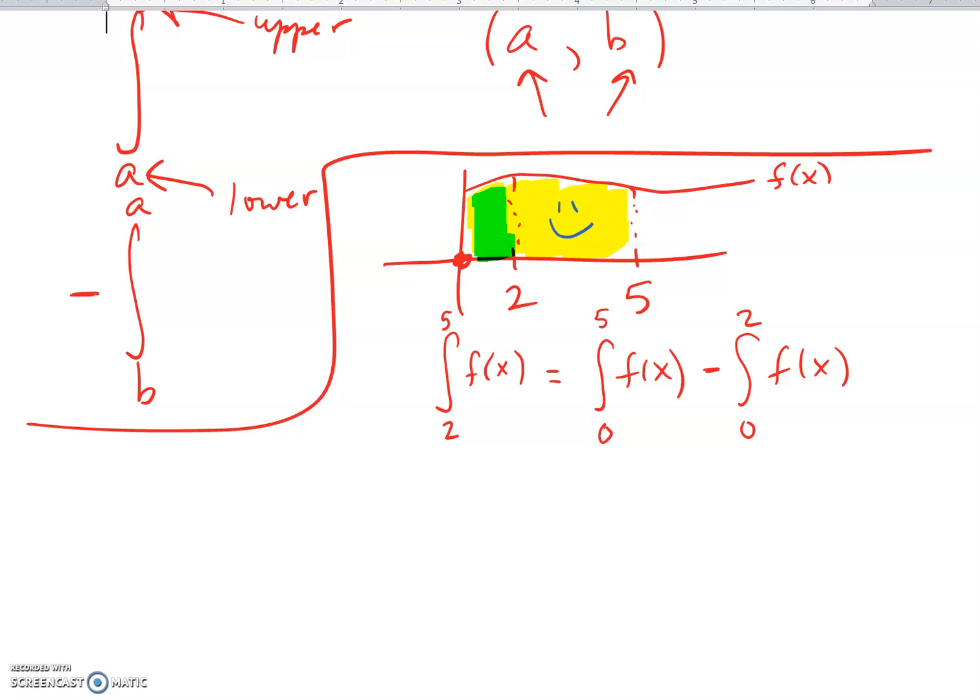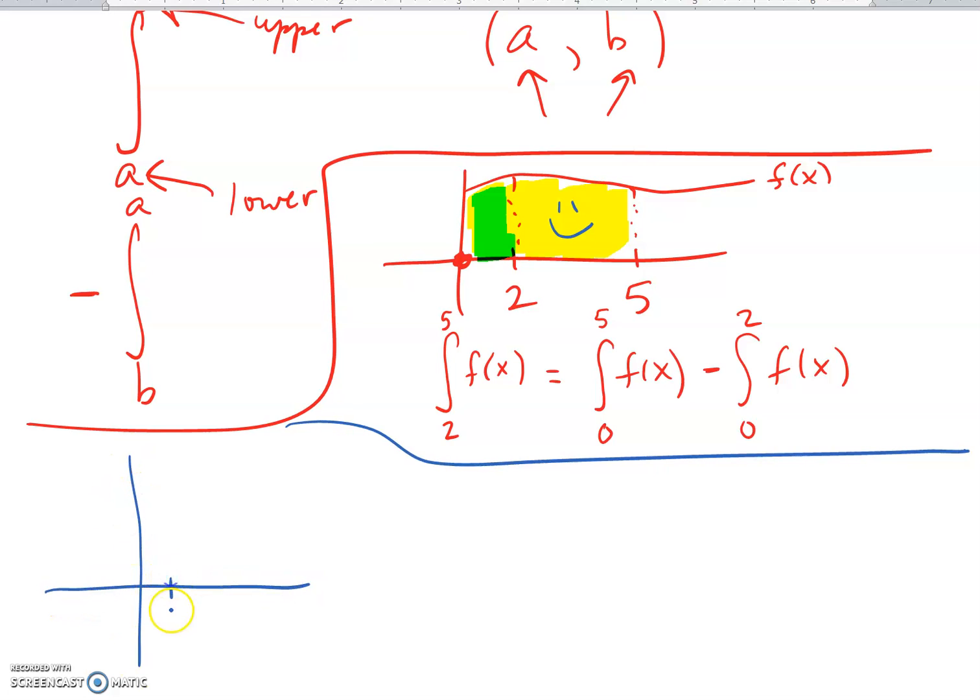So what happens now if you were to look at the question where the bounds were switched? So we'll keep the illustration the same from 2 to 5. And if we have now the area from 5 to 2, how does it change the value?